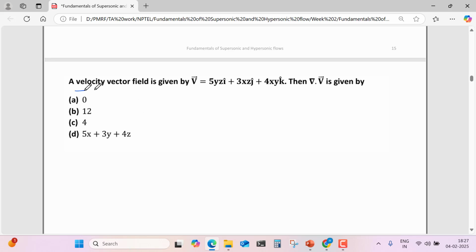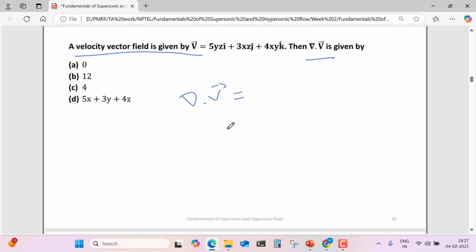A velocity vector field is given by v vector equal to 5yz i cap plus 3xz j cap plus 4xy k cap. Then del dot v vector is given by. How to find the del dot v? Does anybody know?